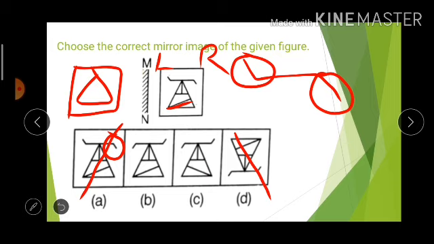Therefore, in the mirror image we will have a line that is starting from the right hand side corner, and it will meet the opposite side line. Now in option B, on the right hand side I don't have a line starting from there. In option C I have a line starting from the right hand side corner and it is meeting the opposite side line. Therefore the answer is option C.